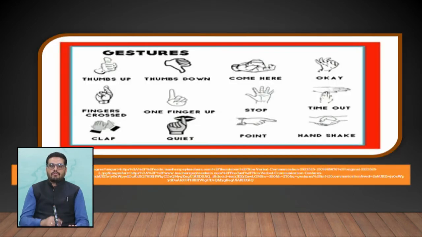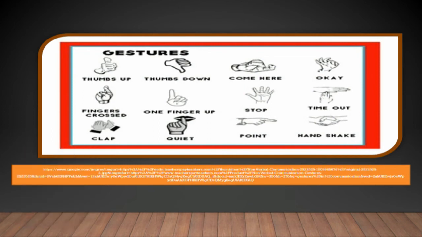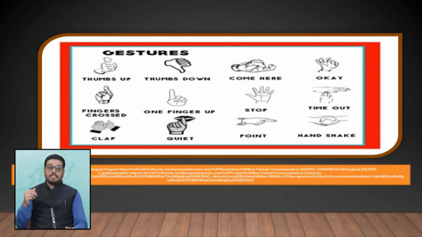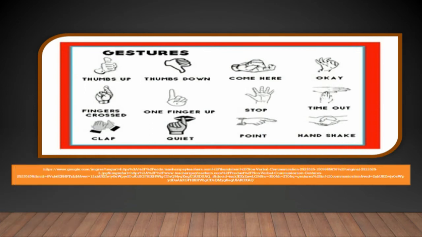Okay, moving forward, now you can see on your screen, friends, there are certain signs. These are gestures. The first one is thumbs up, the second you can see is thumbs down, third is come here, fourth, okay, fifth is fingers crossed. When you cross your fingers like this, that means you are hoping for a particular thing.